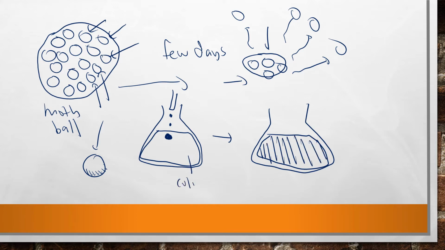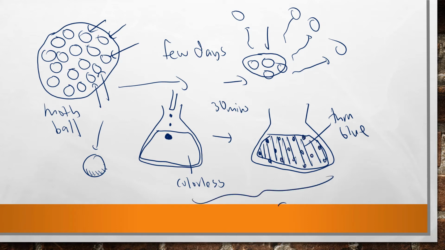Before it was colorless, but after 30 minutes, it turns blue. Why? Because now the blue particles are all over the water. So this is known as diffusion, iaitu proses resapan di mana partikel-partikel dia akan meresap ke tempat lain.